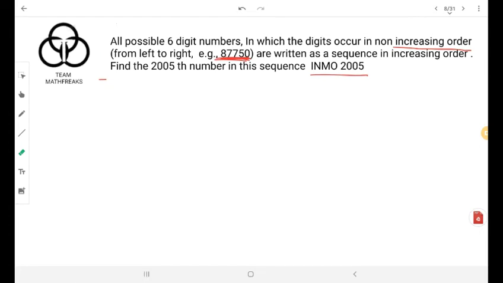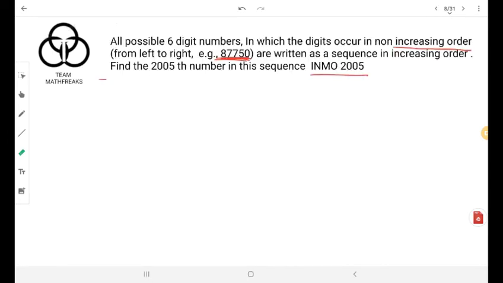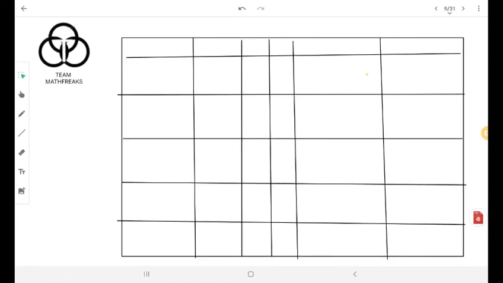For this, we need to list all the terms in a systematic fashion. Suppose the number, since it has been mentioned that the digits are in non-increasing order, can be written as, so definitely the first number would start with 1.